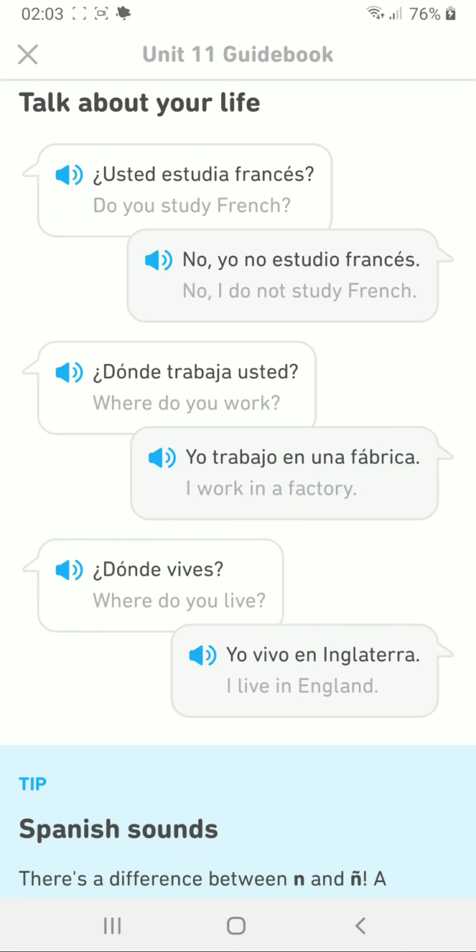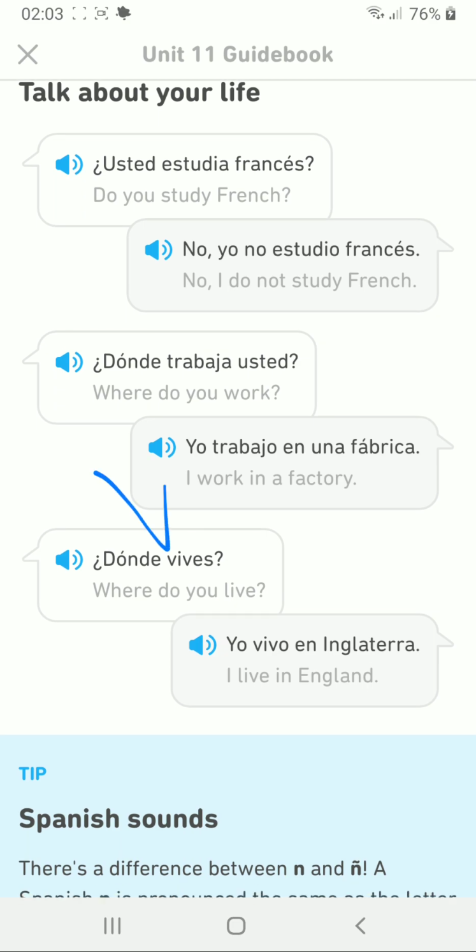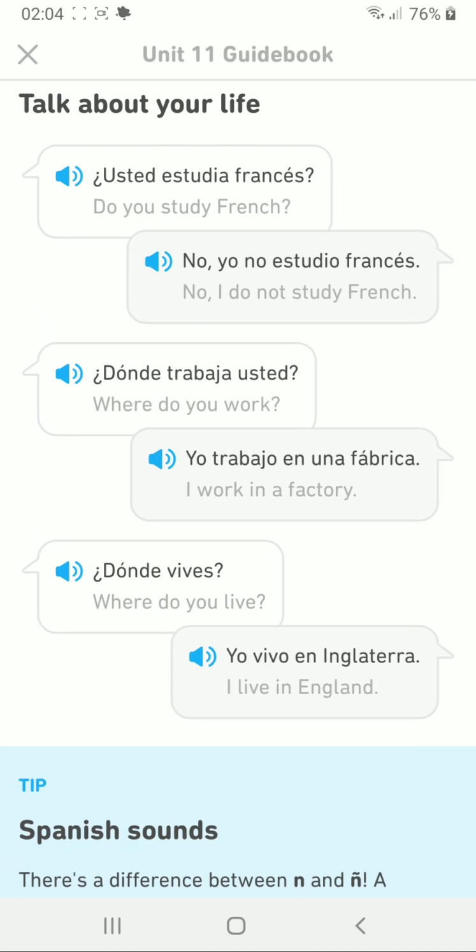Yo trabajo en una fábrica. ¿Dónde vives? Vivir. So here we have another verb. Vivir. I think there is an accent somewhere. I'm pretty sure it's on the first. So, ¿dónde vives? Yo vivo en Inglaterra, which is England.